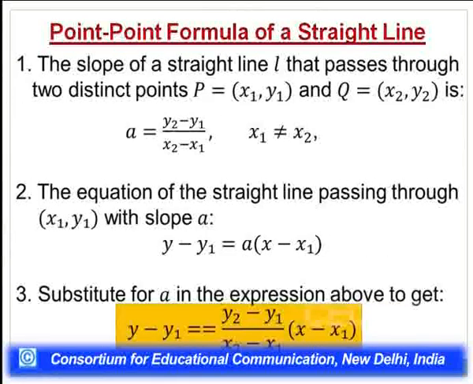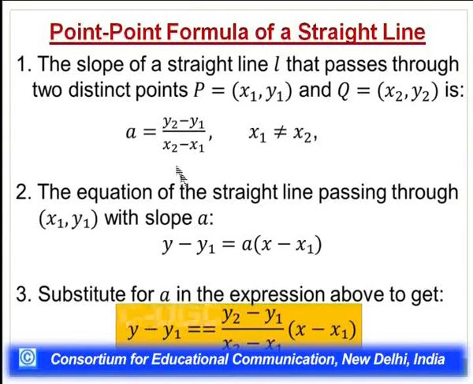And similarly, we can get the two point formula of a straight line. Suppose you have information on 2 points on a straight line, then how would you write mathematically the formula for the straight line?